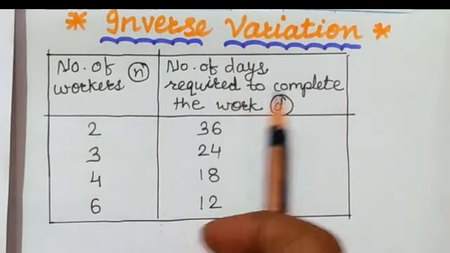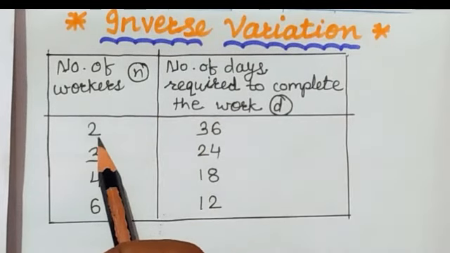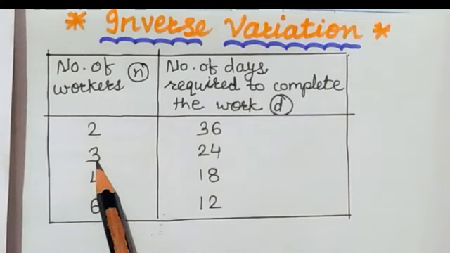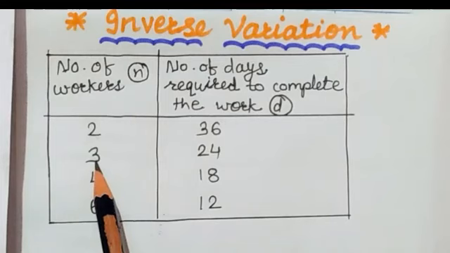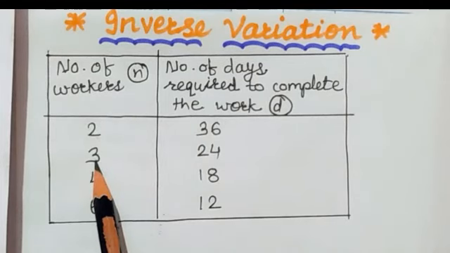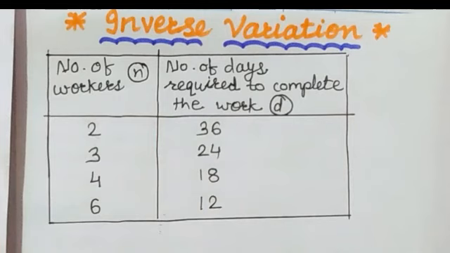Number of days required to complete the work is 36. If instead of 2 workers, the builder added one more worker and the workers have become 3, the 3 workers are completing the same task in 24 days.